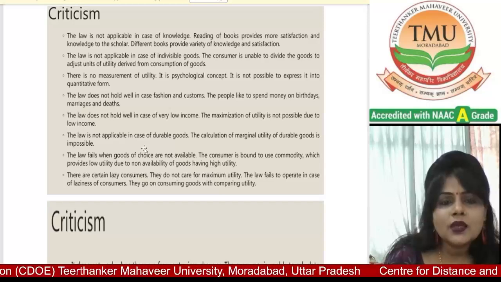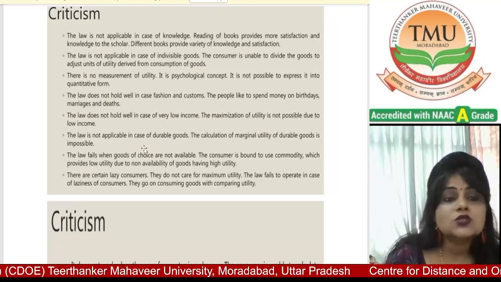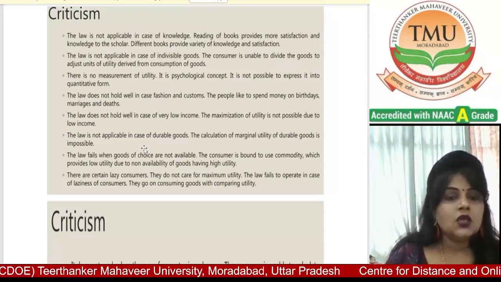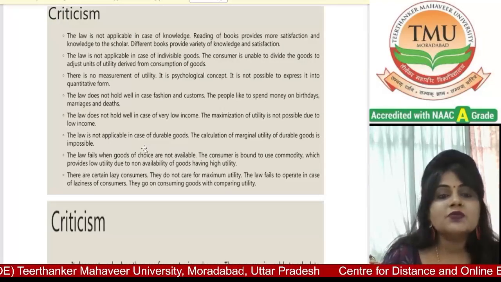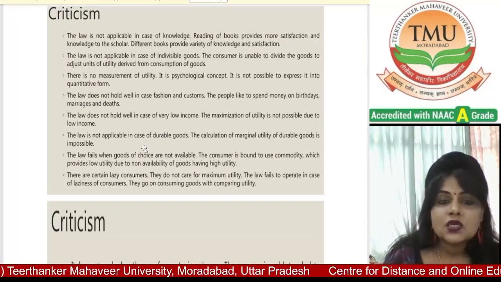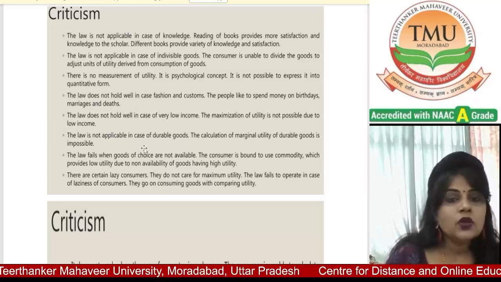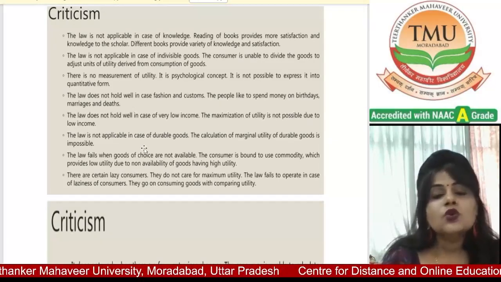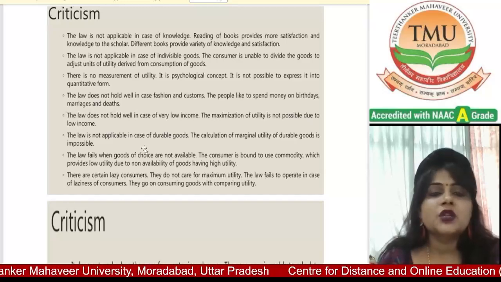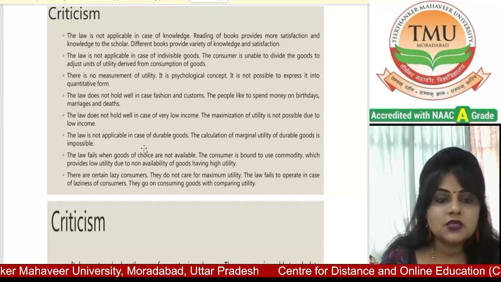And on the other hand, if the consumer is very rich and the resources are unlimited, for example in the case of free gifts of nature, in such cases he does not think about expending from one direction to another.